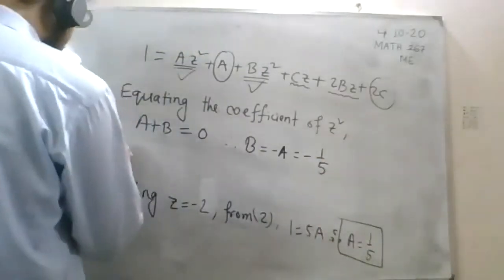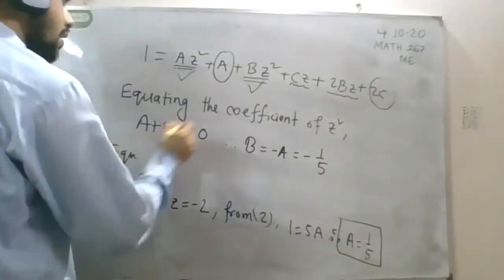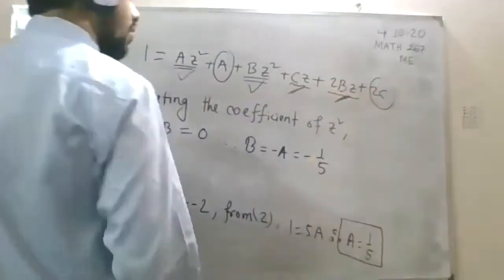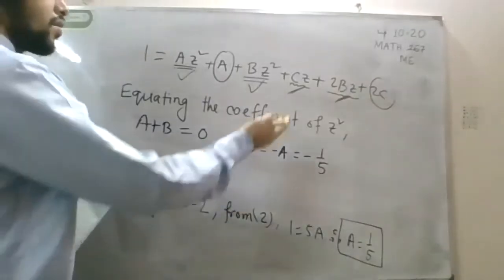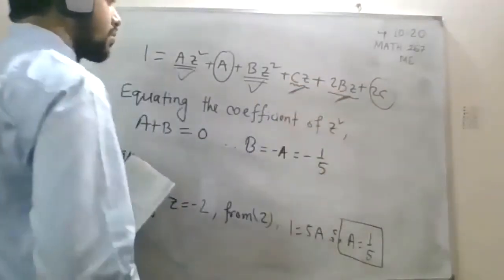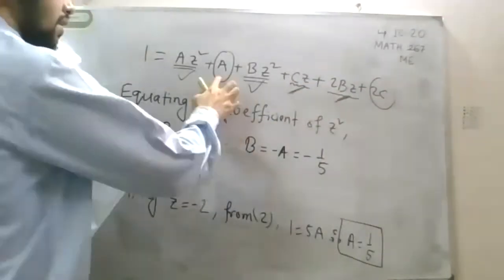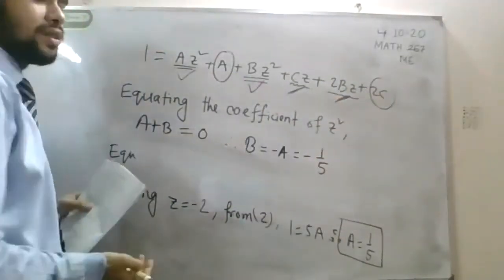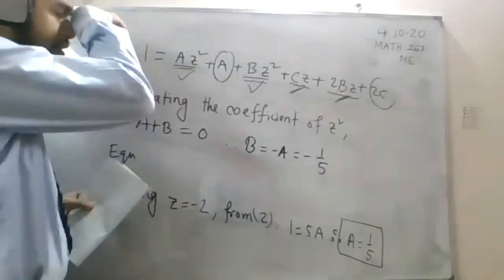Okay, and now also equate z. So from here you will obviously get the value of c. Or if you keep only the constant, from there also you can obviously get your value of c.